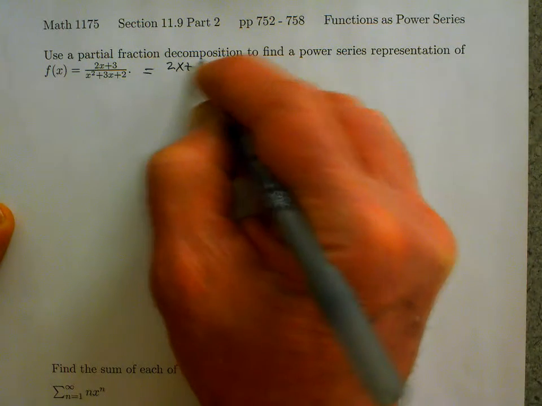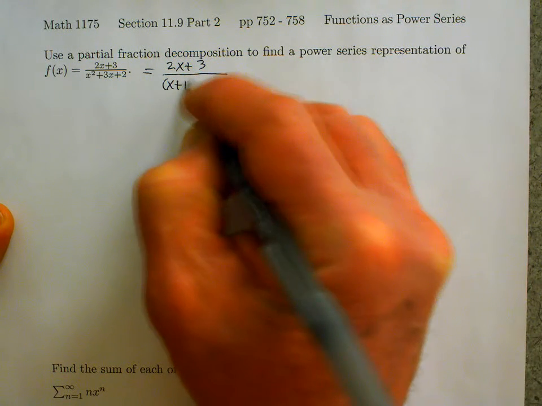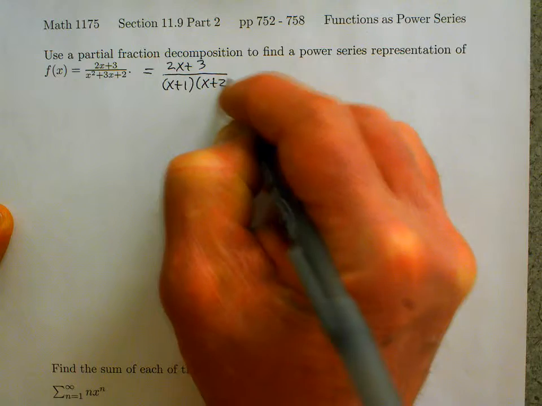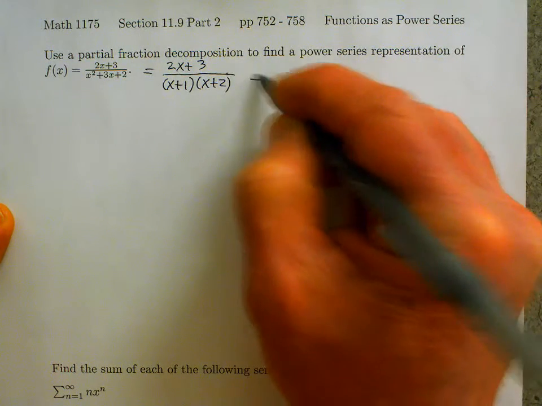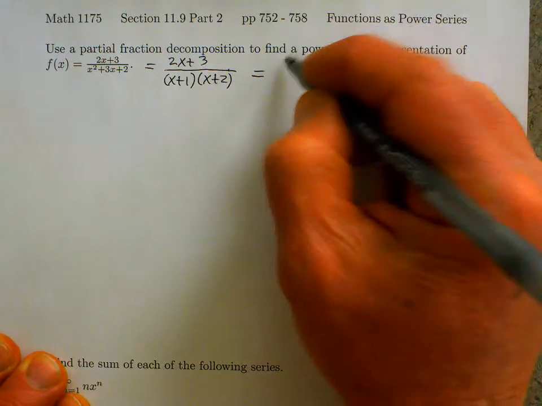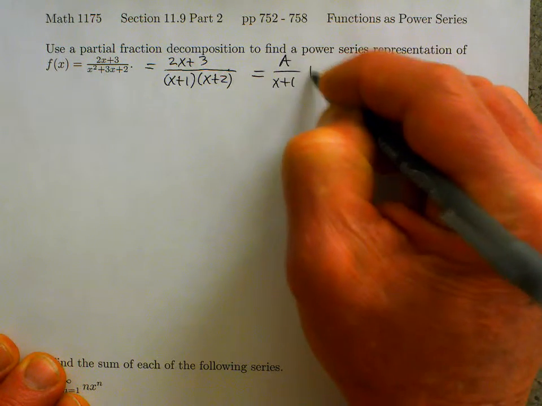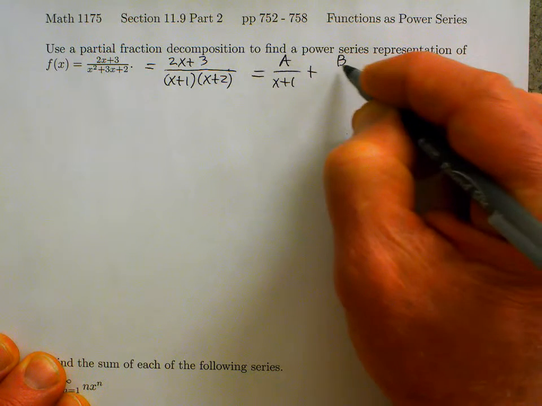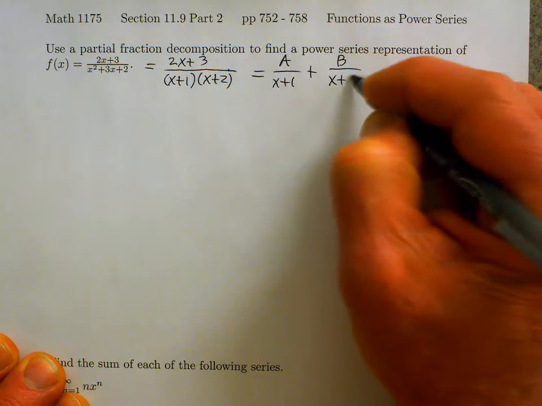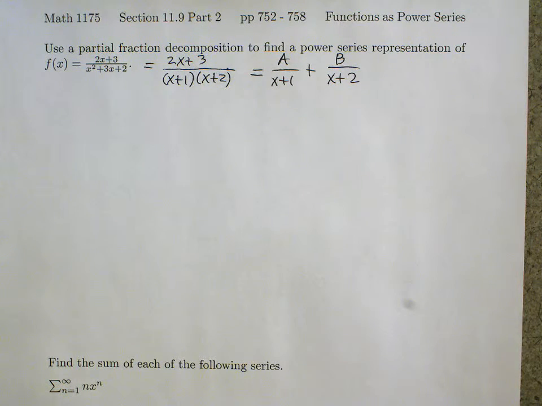So the denominator is x plus 1 times x plus 2. So our partial fractions will have the form a over x plus 1 plus b over x plus 2. And then we just want to find the values of a and b.